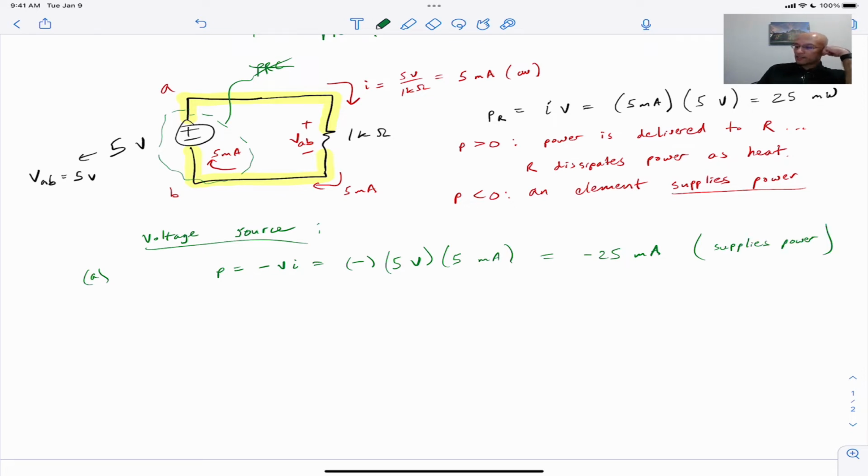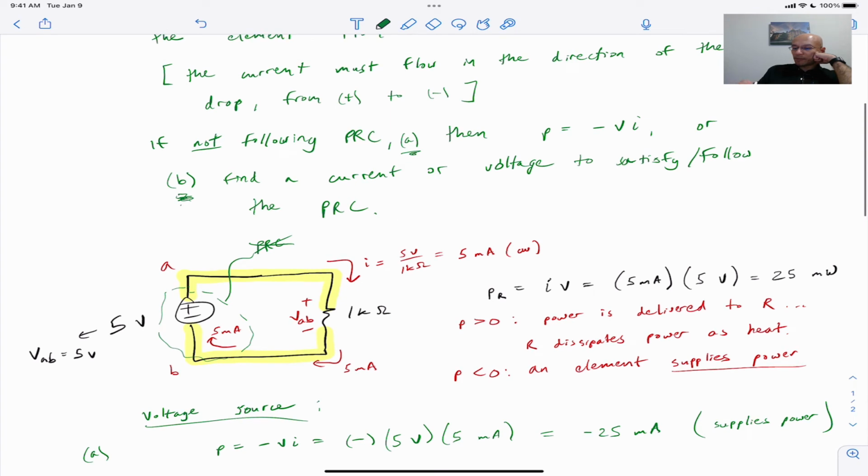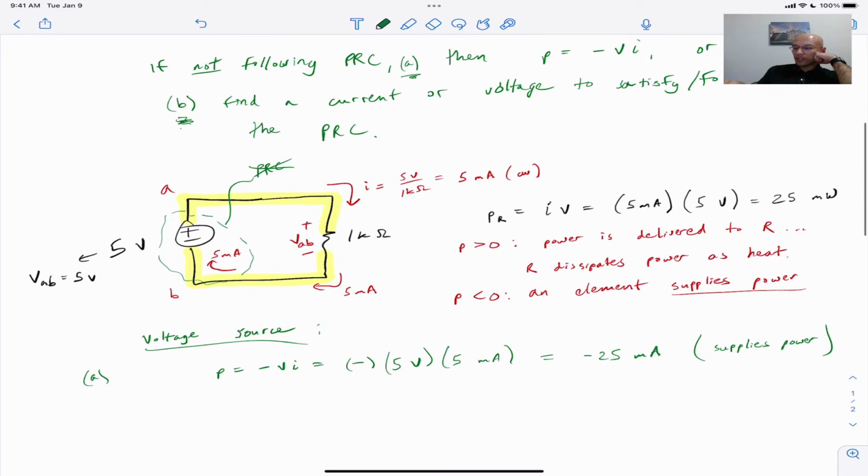And it should satisfy us that the resistor receives all the power that the voltage source supplies.